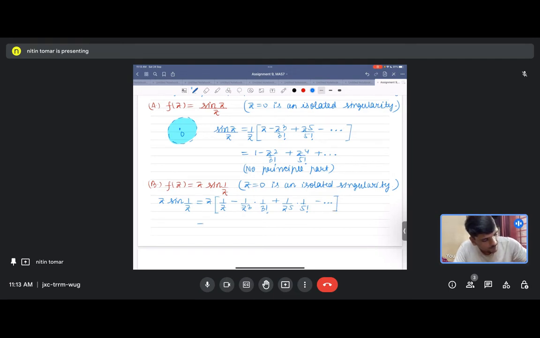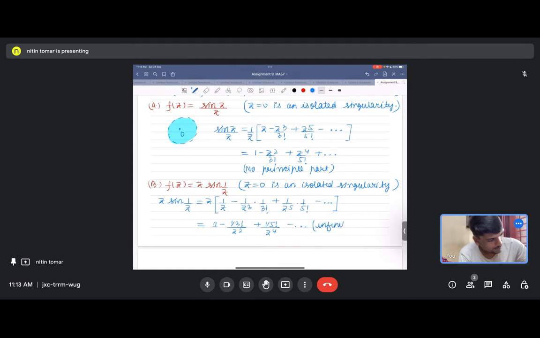So if you solve it, you will see that it will be 1 by 3 factorial z cube, z square, plus 1 by 5 factorial z4. So it has infinite principal part, right, Rajesh?